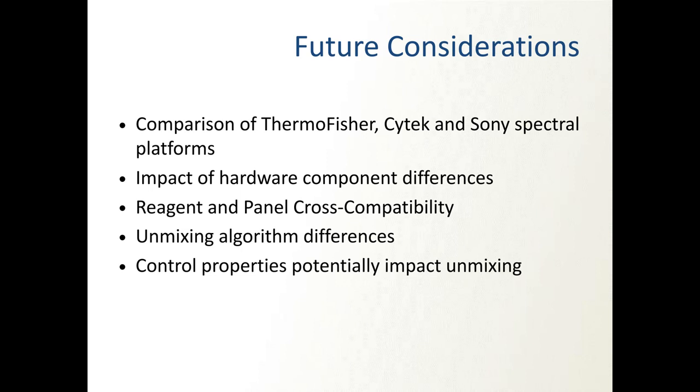So I want to call this part one of Spectral Flow. Part two will be looking at all these future considerations. I have the data in my hands, but dealing with all this and spending the time to run these super elegant experiments is complicated. It requires researchers to do their experiments in triplicate to look at three different platforms, and also the addition of other sets of controls, like FMOs or single biological stains, just to assess the differences across the different platforms and the unmixing.